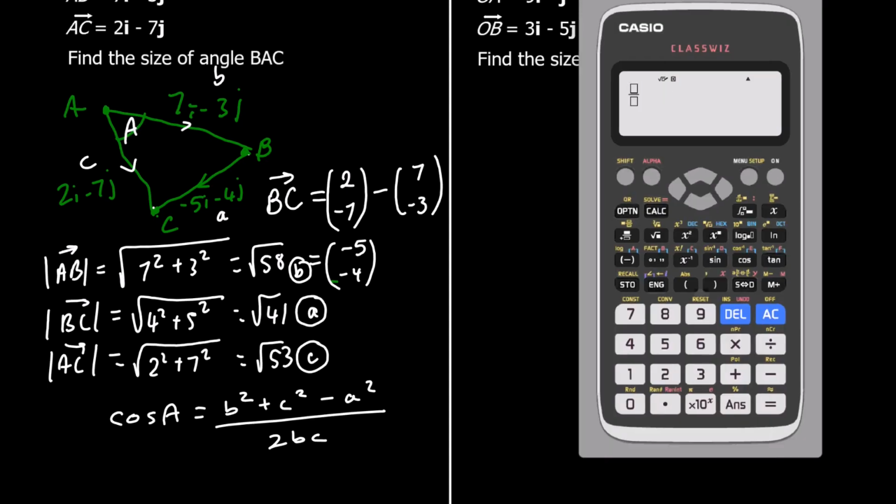So we've got square root 58 squared plus square root 53 squared minus square root 41 squared, over 2 times b, so root 58, times c, root 53.